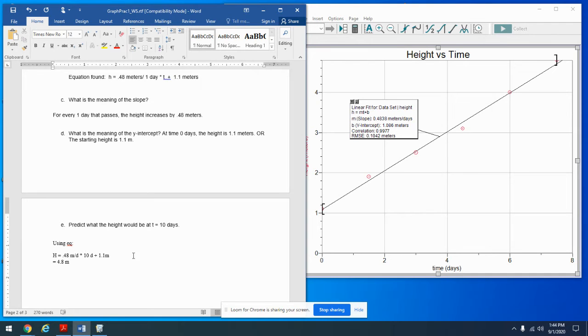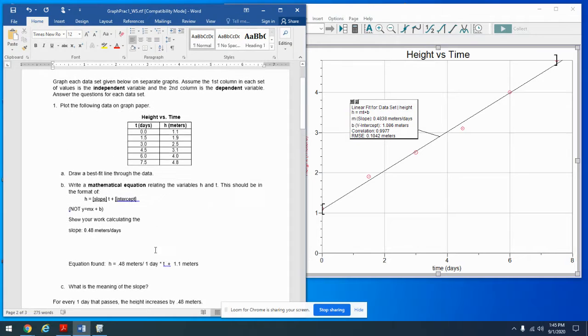They cancel out just like variables do. And 1.1 meters. So I multiplied this together, the days canceled out, and I got 4.8 meters plus 1.1. And that is equal to, what's that, 5.9 looks like? 5.9 meters.